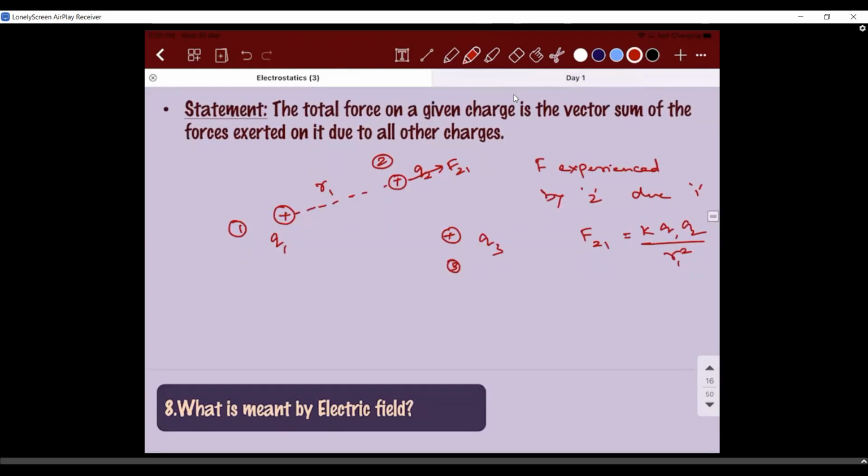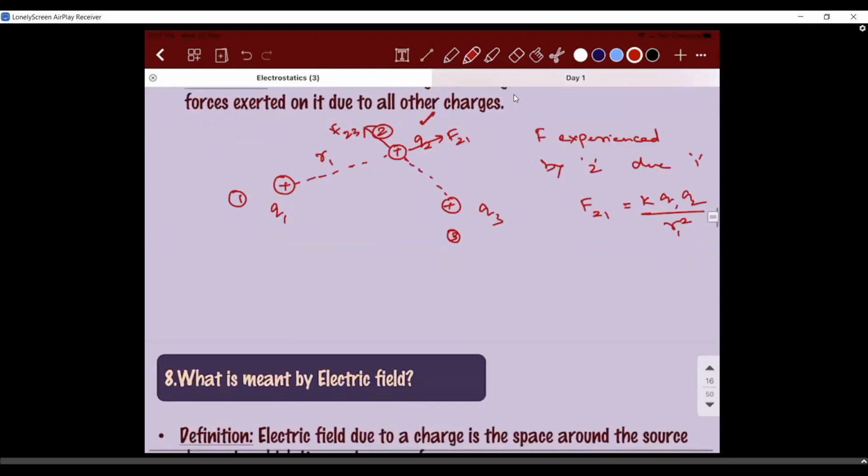Similarly, if I have to calculate the force experienced by Q2 due to Q3, I need to draw a line joining these two charges, and I call it F23. So F23 will be equal to K into Q2 into Q3 divided by, I'll call this R2, R2 square, right?